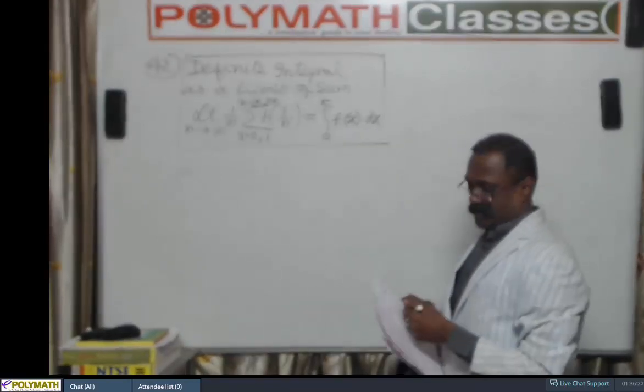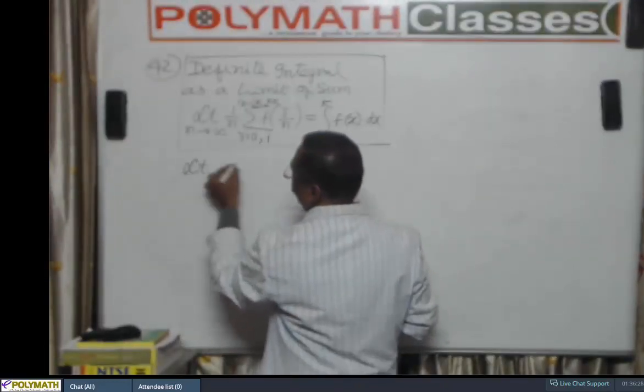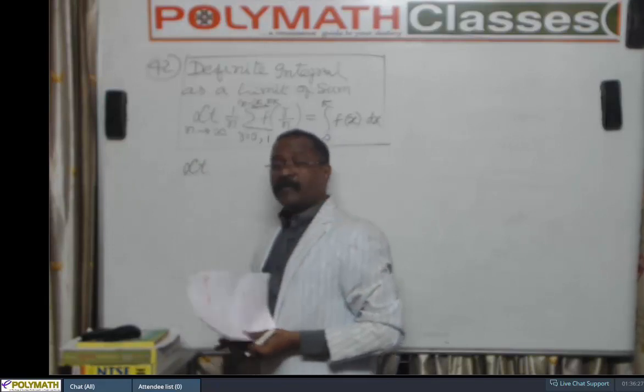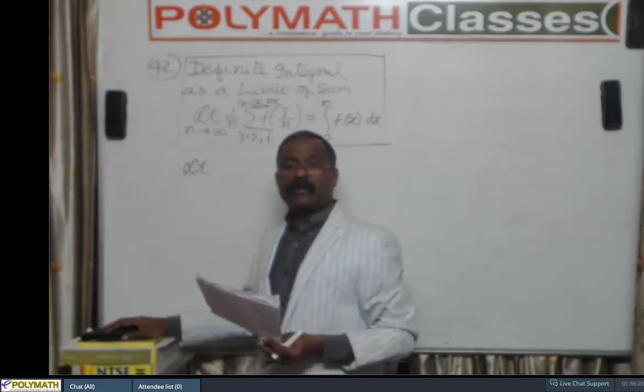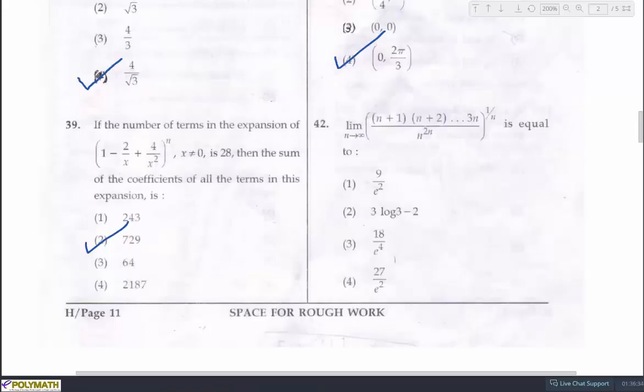It is limit of, if you see the question, I'll tell you a small adjustment here. See, this is n plus 1, n plus 2, and so on, 3n is there, no?